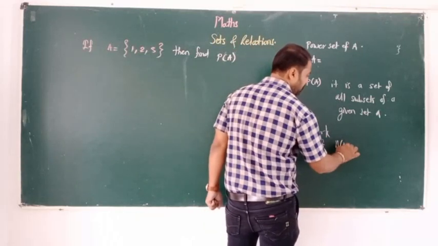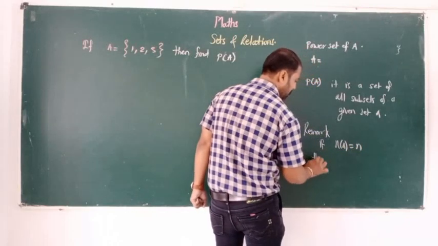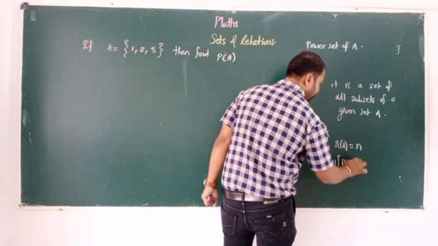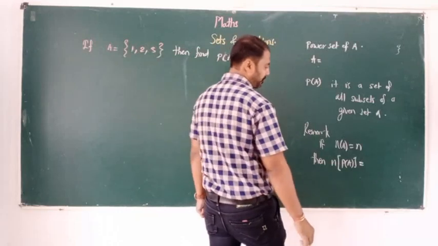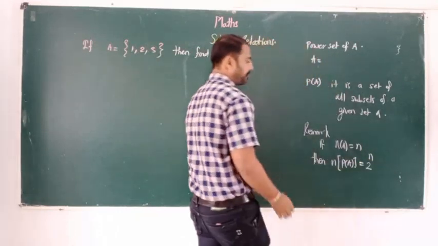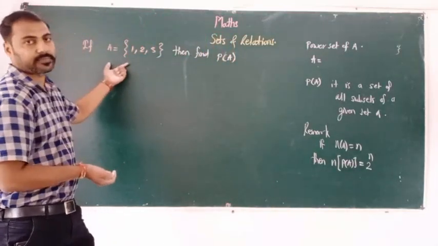There is one remark given: if the number of elements in A is n, then the number of elements in the power set of A is equal to 2 raised to n. So how many elements are in A?